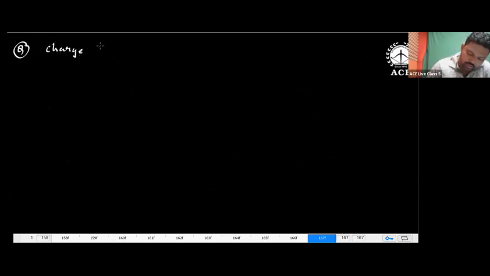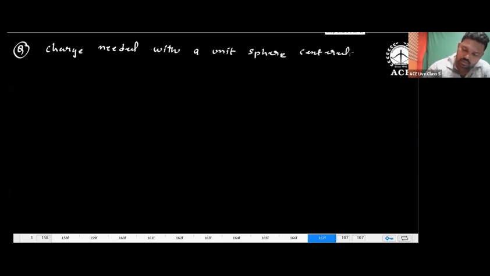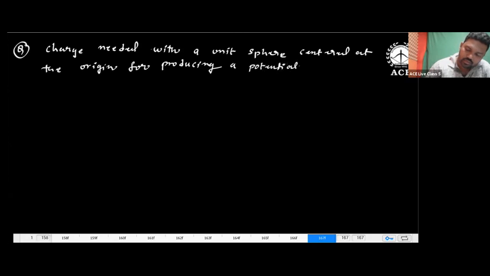Charge needed within a unit sphere centered at the origin for producing a potential field V is equal to minus 6 r to the power of 5 by epsilon naught for r less than or equal to 1 is.